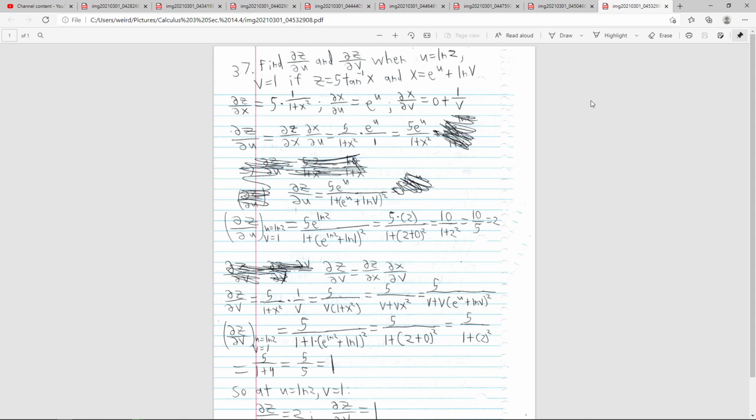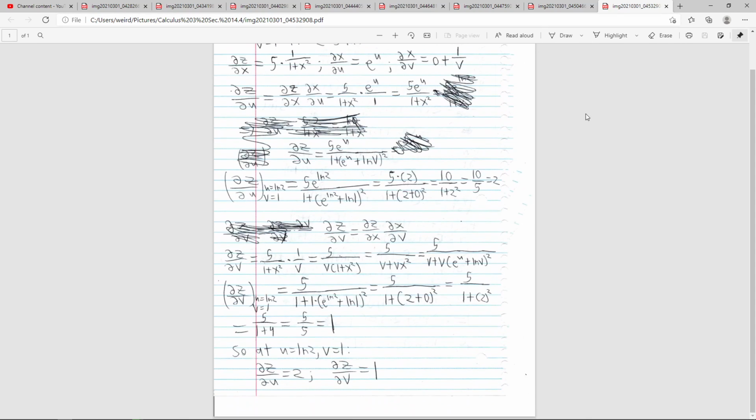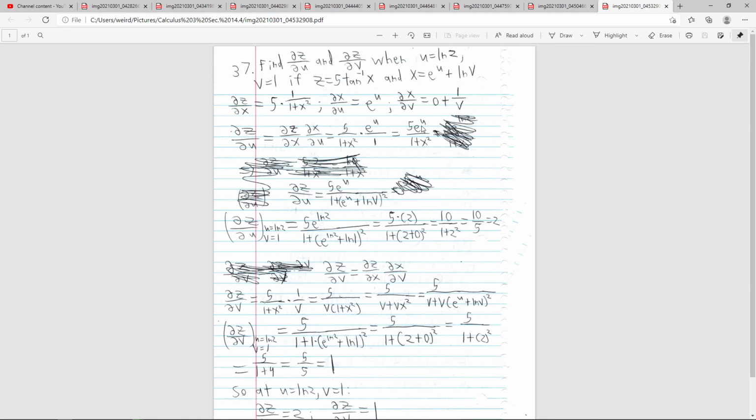And same thing with this one. This one's actually a pretty simple one overall. I overcomplicated it at one point, but that's a waste. dz/du is just dz/dx times dx/du, and dz/dv is dz/dx times dx/dv. Really, just the simpler one, except we have to make sure you simplify, like with ln 2 and v equals 1.